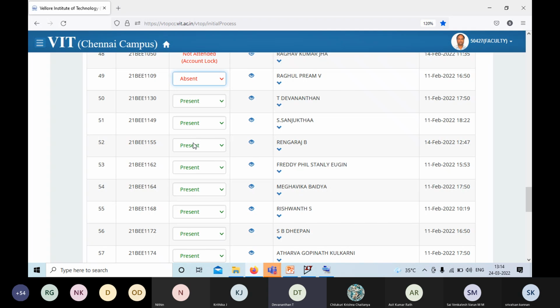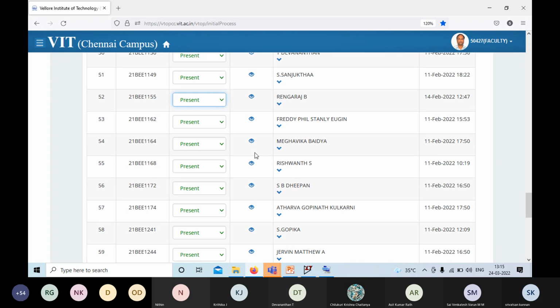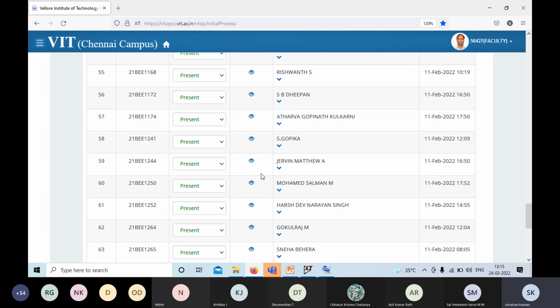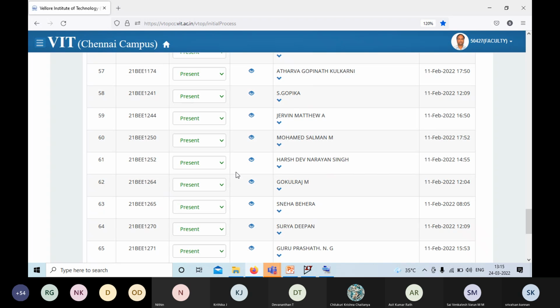Sanjupta, Present, sir. Rahul Prem, present, sir. Rangaraj, Present, sir. Stanley, Freddy, present, sir. Megha Viga, Present, sir. Rishwant, Present, sir. Deepan, Present, sir. Gopinath, Present, sir. Gopika, Present, sir. Jervin Matthew, Present, sir. Mohammad Salman, Present, sir.